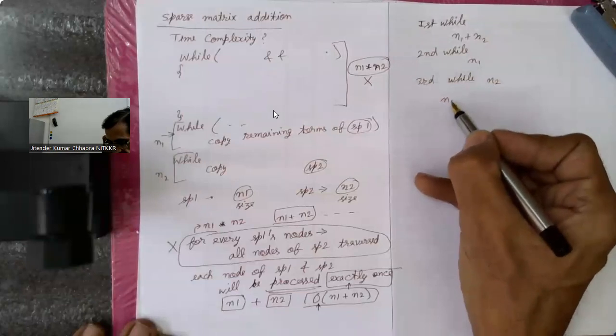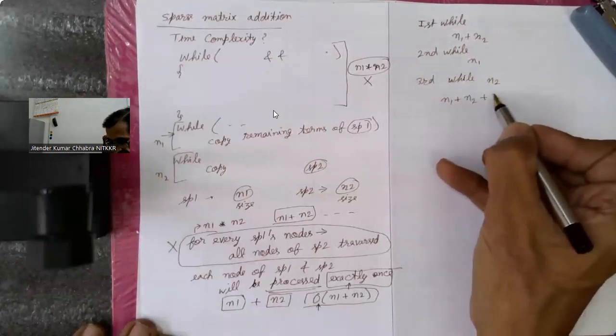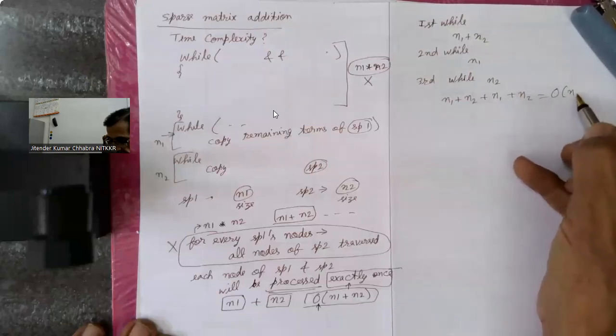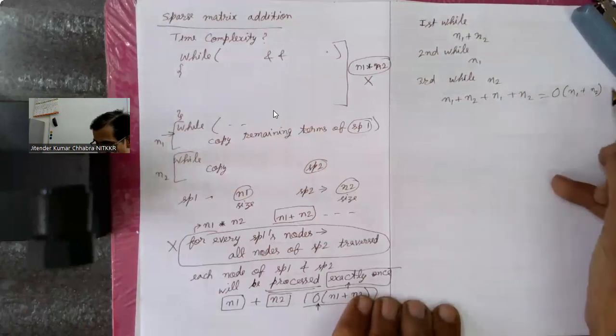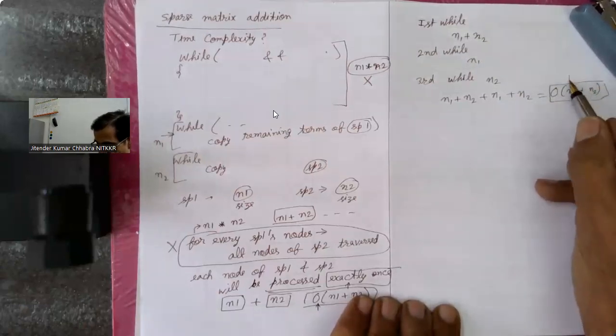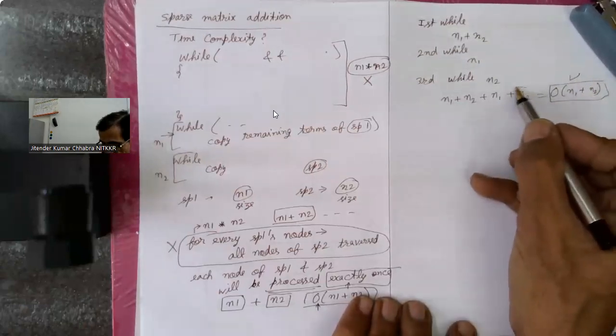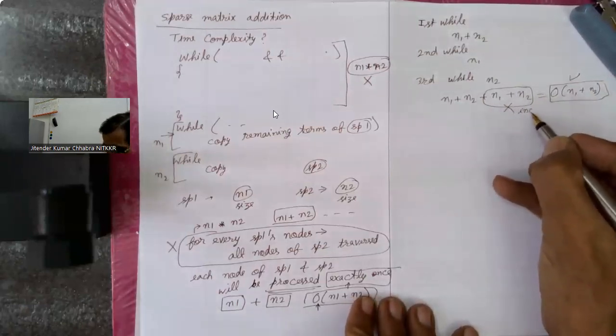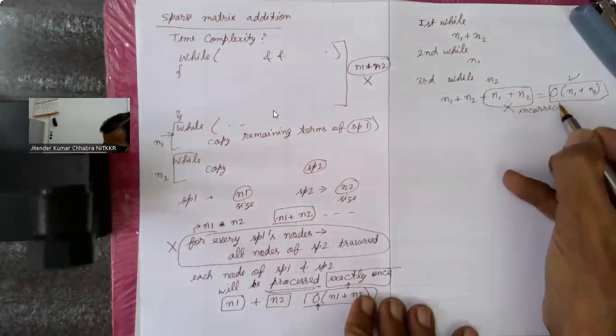And then you could say N1 plus N2 plus N1 plus N2. Still it becomes order of N1 plus N2. Well, I'll say this statement is partially correct, in the sense that this is okay, but the addition of this is actually incorrect. Why? We need to understand.